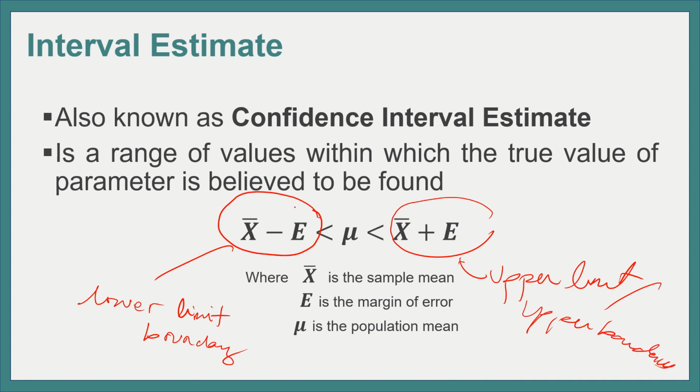So in order to solve for the lower limit, we need to subtract our margin of error from our sample mean, and to find the upper limit, we need to add our sample mean and our margin of error.